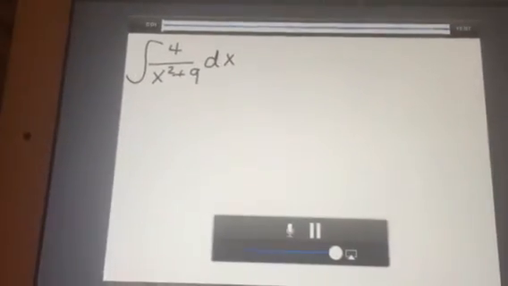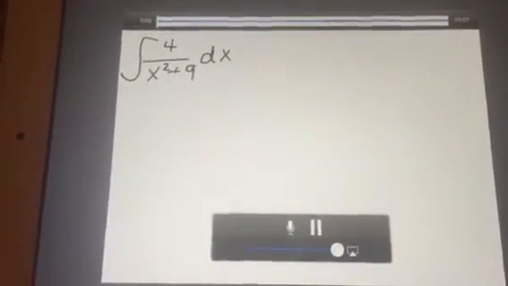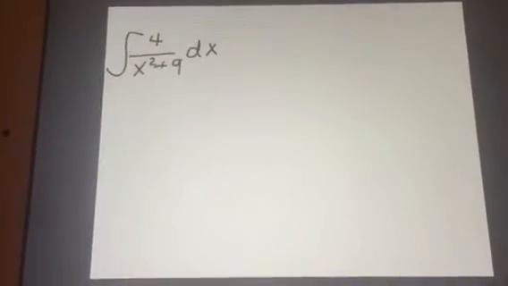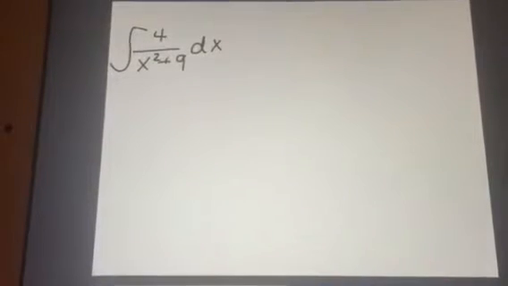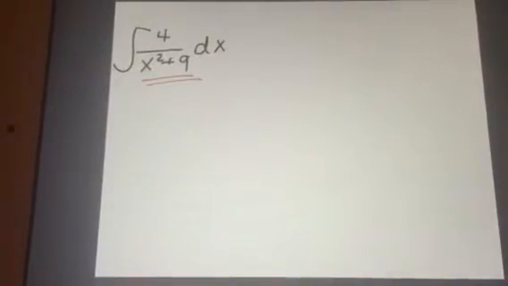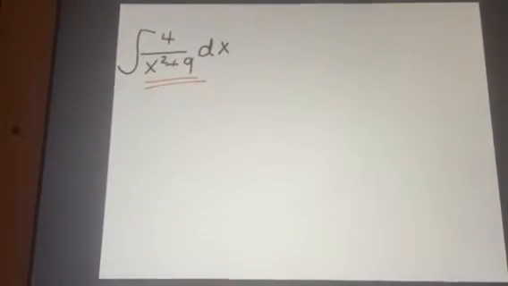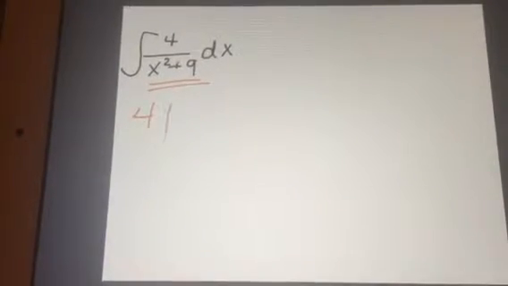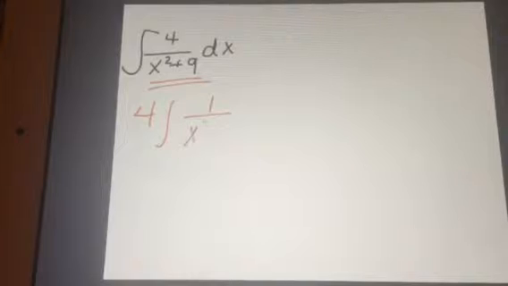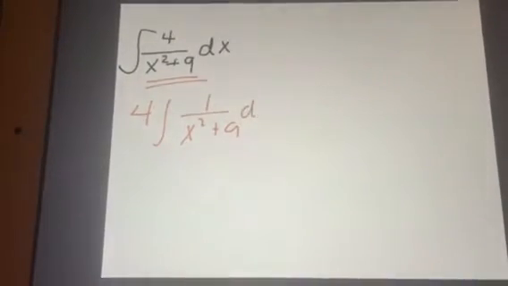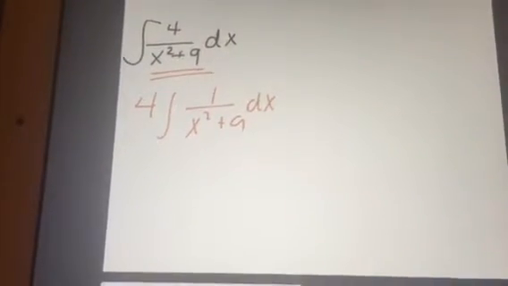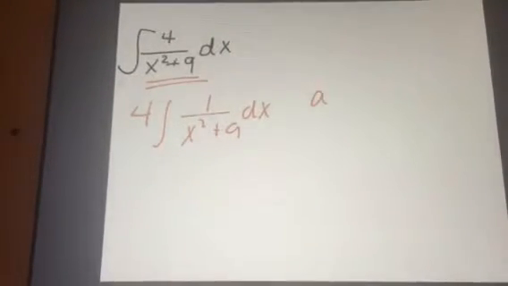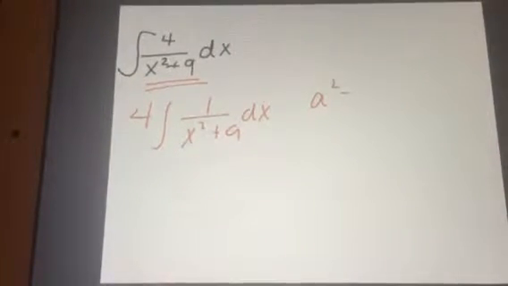This video is on section 8.1, which is basic integration rules, and it's really just a review of integration. So if we look at this first example, we've got x squared and 9 on the bottom. They're both perfect squares. If you pull out the 4, which is a constant, you're left with this here, which is one of the inverse trig functions, where a is the number.